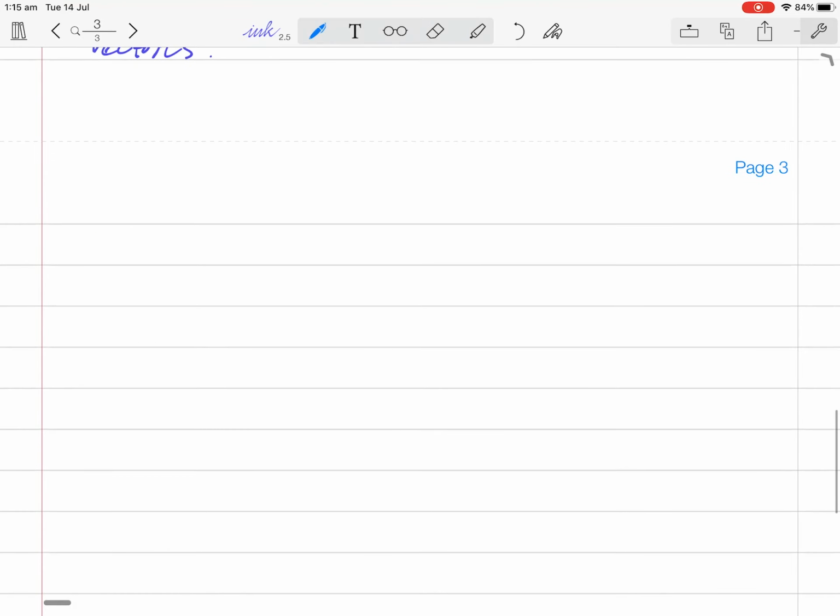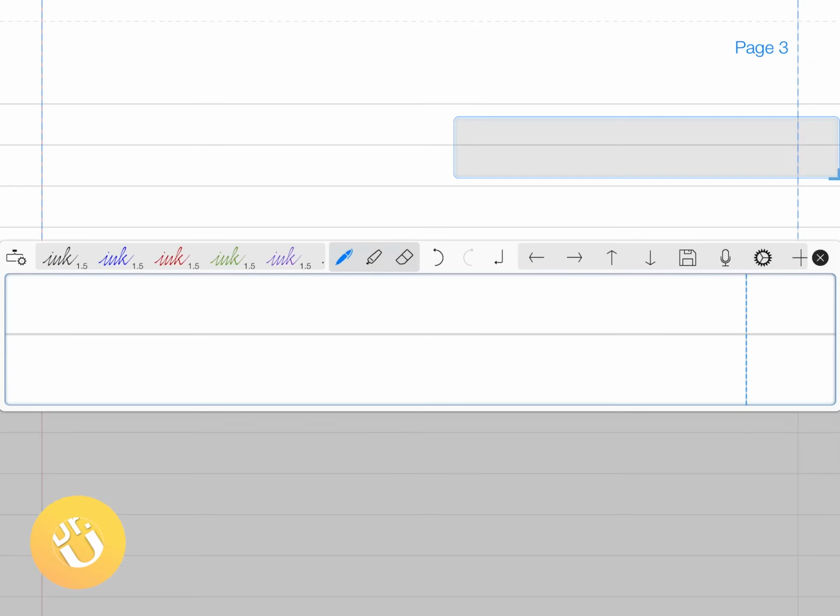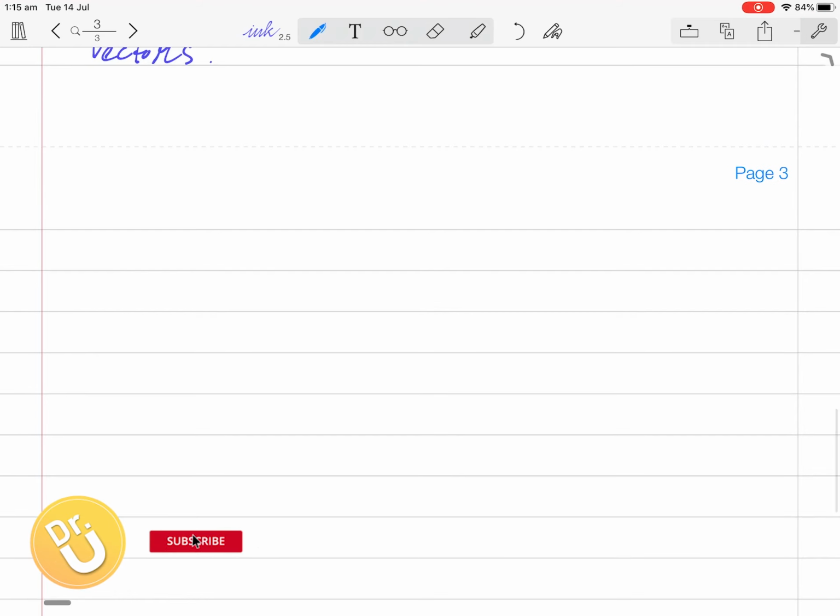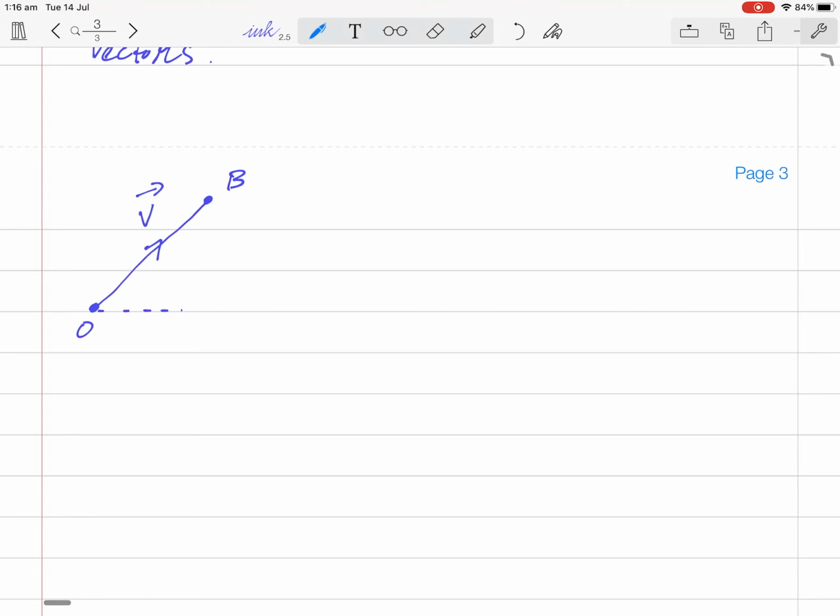So now let's talk about how it works. Suppose you have a vector like this, call it V, starting point is this O, so this is B. Now the angle with the positive x direction would be theta.